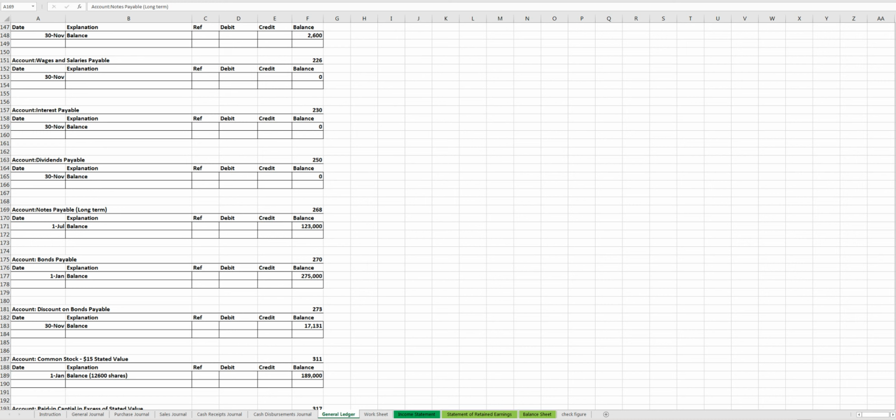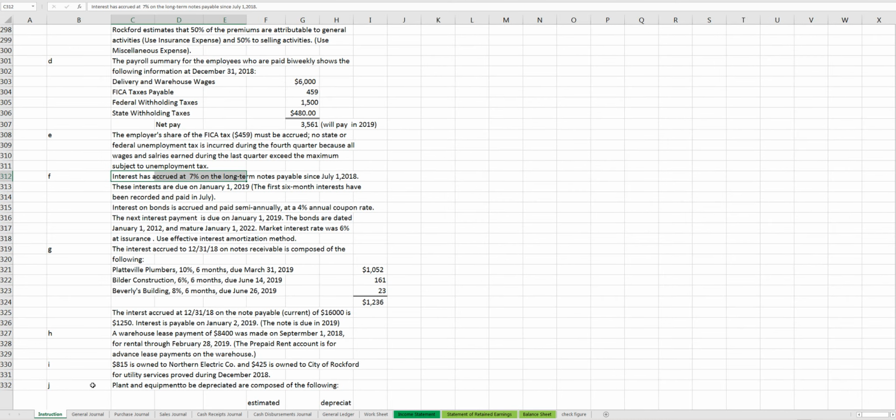You have to divide it by 2 because we are calculating interest expense from July to December, for half a year. Journal entry: debit interest expense, and credit interest payable, because we are accruing this expense. That's the first interest expense in part F.